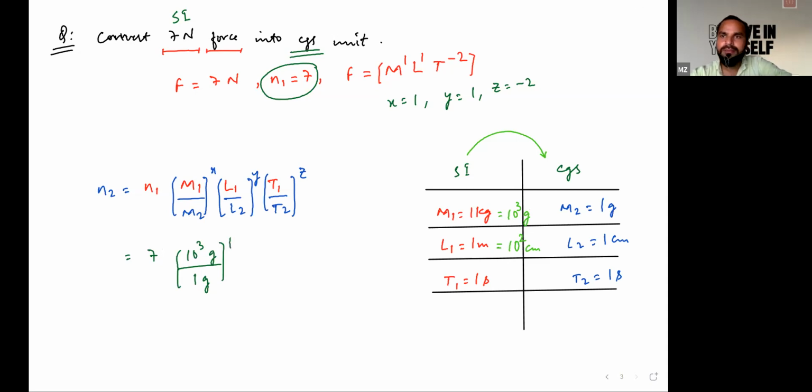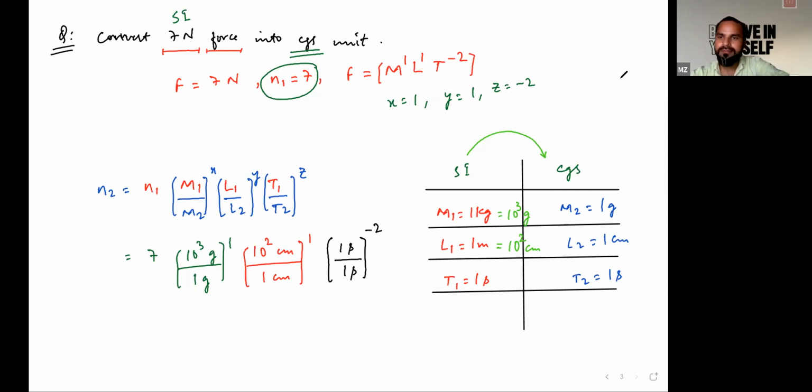This is your first part. Similarly, for L1, L1 is 100, meaning 10 raised to the power 2 centimeter, divided by 1, and the whole raised to the power Y, which is equal to 1. For the third part, for time, T1 is just 1 second, and T2 is also just 1 second, and the exponent is -2.